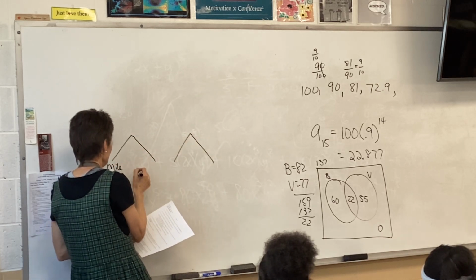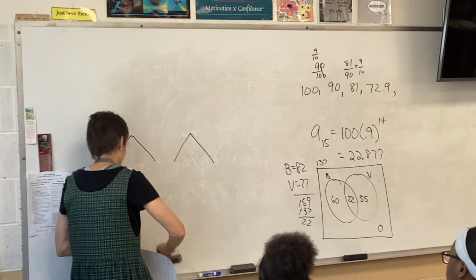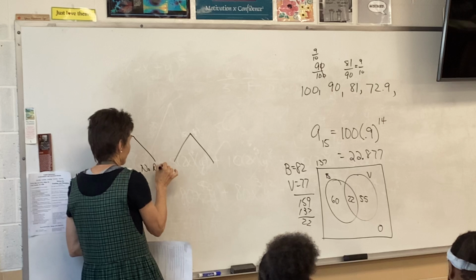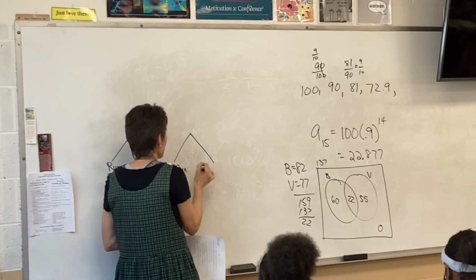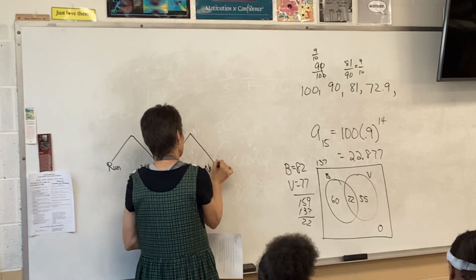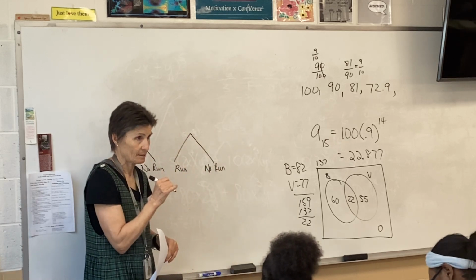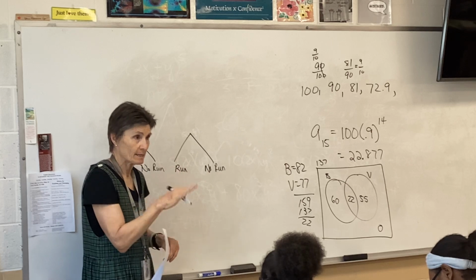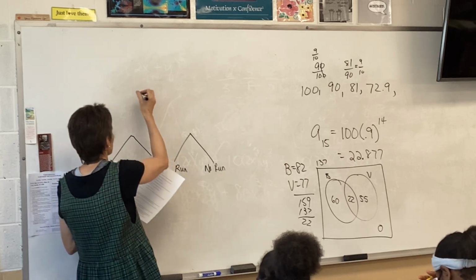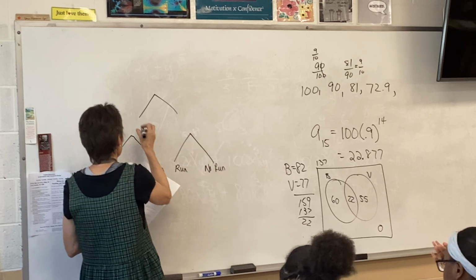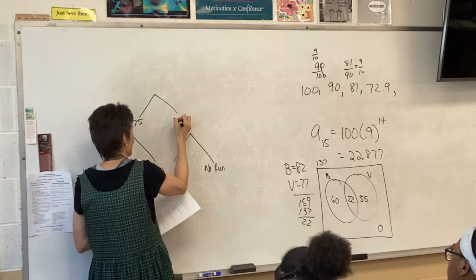So let's say run, not run. Remember, when you set up a tree diagram, whatever question is asked is the bottom of the tree. So what's the other thing? What's going to be up here on the top of the tree? 75 degrees. Yep, 75 or not 75.